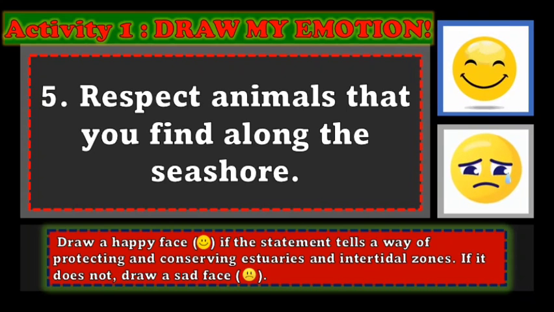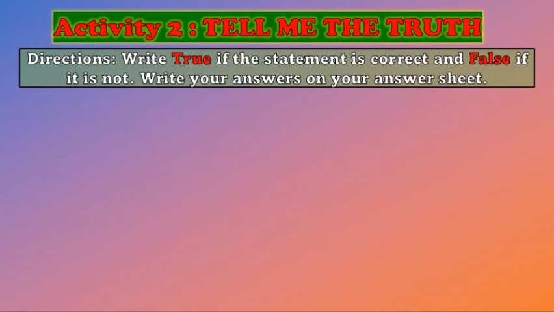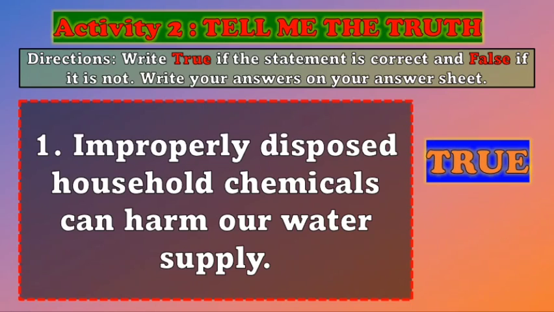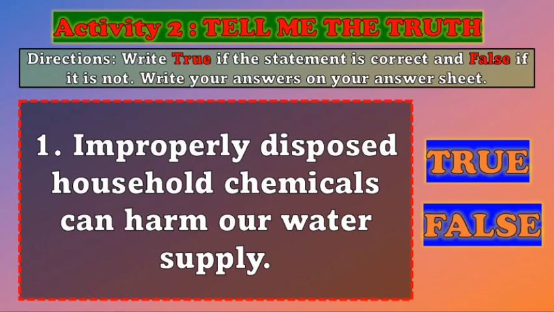Next, let's now proceed to our second activity, which is tell me the truth. So all you have to do is to write true if the statement is correct and false if it's not. So write your answer on your answer sheet. For our number 1, improperly disposed household chemicals can harm our water supply. Is that true or false?